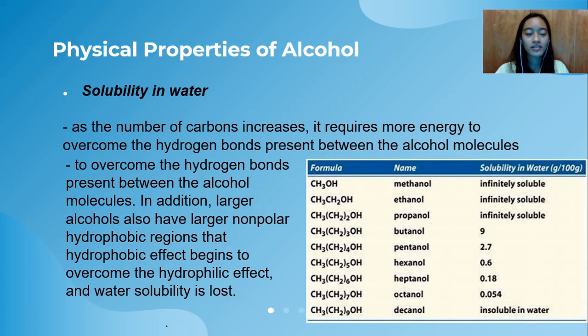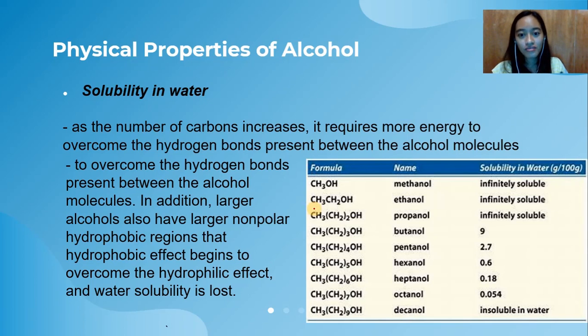But here is a pattern. As the number of carbons increases, it requires more energy to overcome the hydrogen bonds present between the alcohol molecules. Generally, when a substance dissolves, the solvent wraps the molecules and tries to break them down.